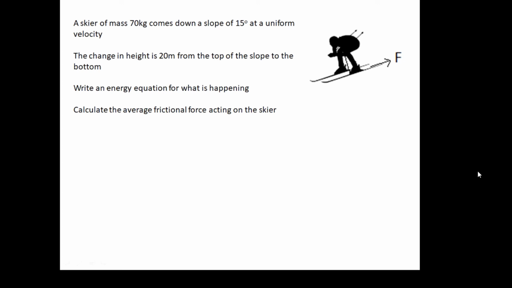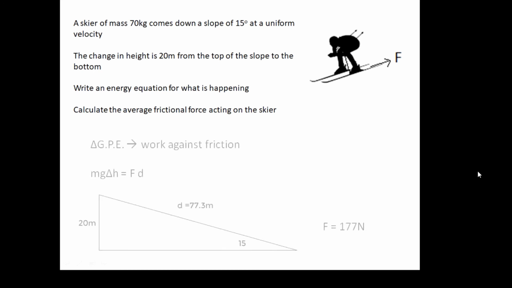Now, you'll probably get this wrong, because most students do, because they think somehow in your energy equation kinetic energy is involved, and it isn't. The skier is not gaining or losing kinetic energy. They're going down at a uniform velocity.